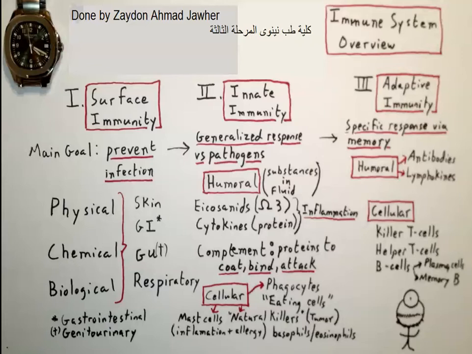Then we have the adaptive system, which is the third line of defense of our body, involving many cells, T cells, B cells, and natural killer cells, which mainly act after infection. Note that the macrophage has a role in both innate and acquired immunity. In innate immunity, it does phagocytosis, and in adaptive immunity, it presents the antigen to the T cells and B cells in the lymph nodes.